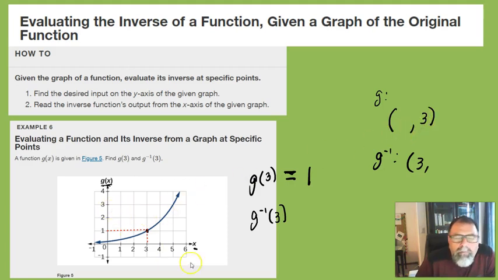So we have to go to where the y-axis for g is 3, go over to the graph, and then ask what the x-coordinate is to get y equals 3. Remember, we're going backwards now. So for g, g of 5 is equal to 3. So g inverse of 3 is going to be 5. And that's how you do it.